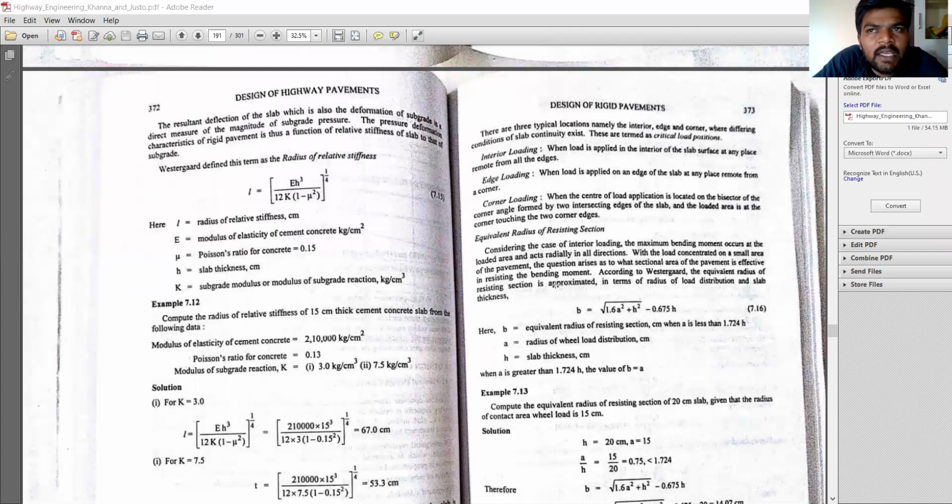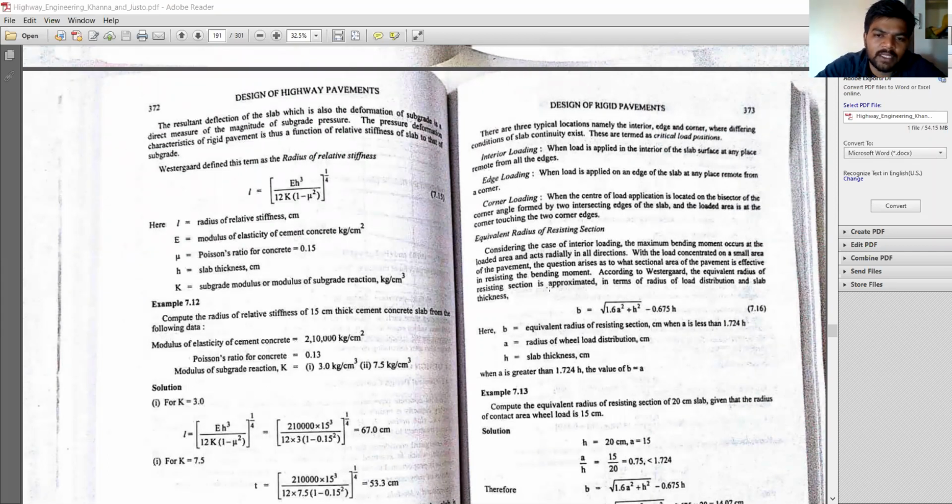While designing a cement concrete pavement, you must be able to consider edge loading, interior loading, and corner loading. By consideration of all these types of loading, the total stress applied by the wheel load can be calculated. Okay. For example, the total interior loading is 1000 kilonewton now.